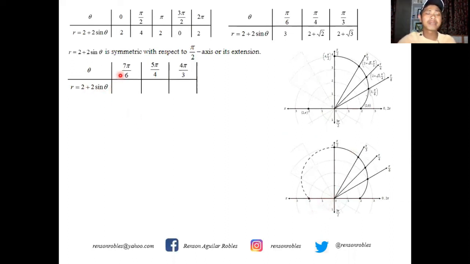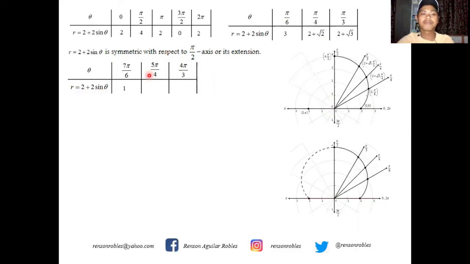Okay, sine 7 pi over 6. 7 pi over 6 is located here, so that's below the negative x-axis. So sine 7 pi over 6 is negative 1/2 times 2, that's negative 1, plus 2, that's 1.